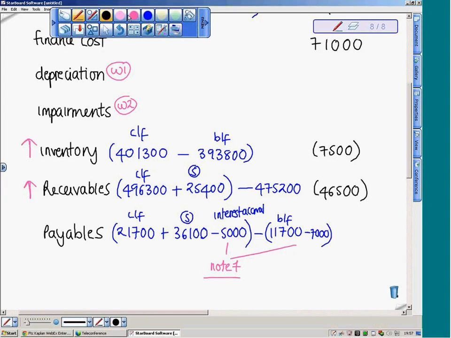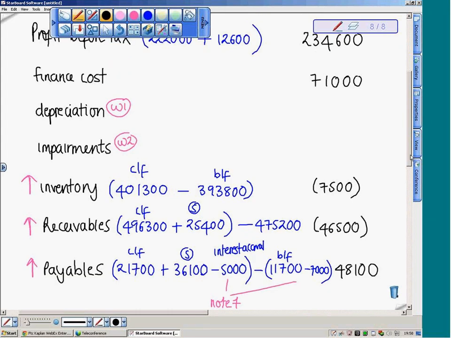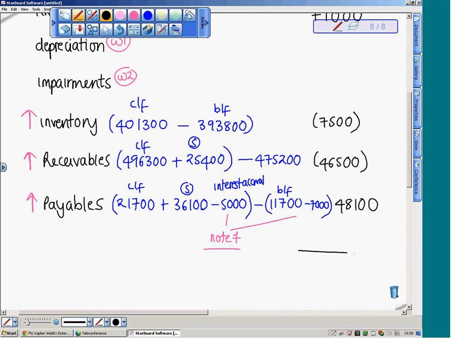Okay. Now to plug those numbers in my calculator, what I realise is that payables have also increased. Okay. The increase in my payables, I can assume that I'm taking longer to pay my suppliers. So that's a positive impact on my cash flow. Okay, so that will be the 48,100. Okay, I have a few numbers to work out there, so I can't total things up yet.